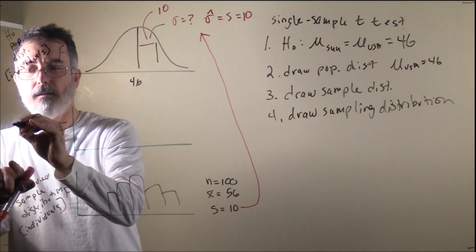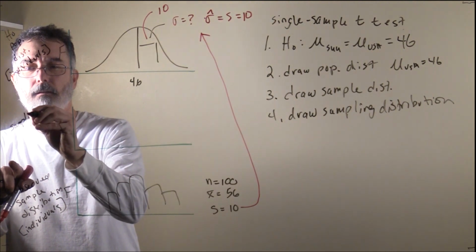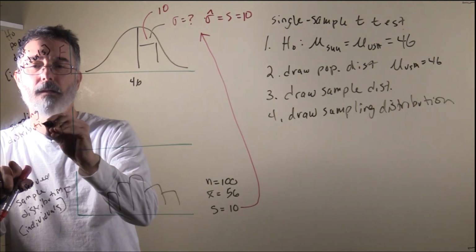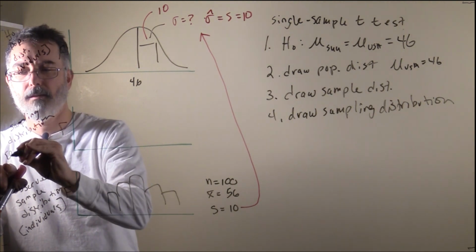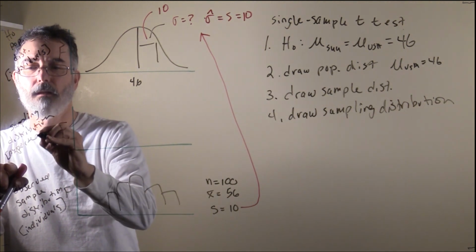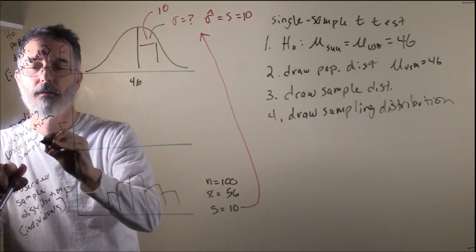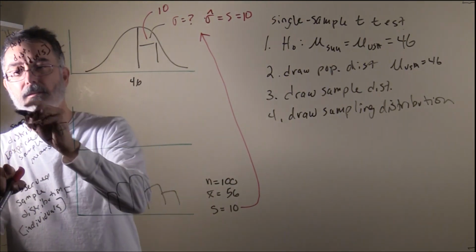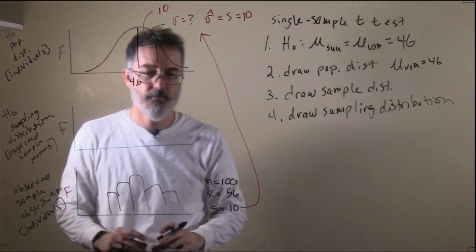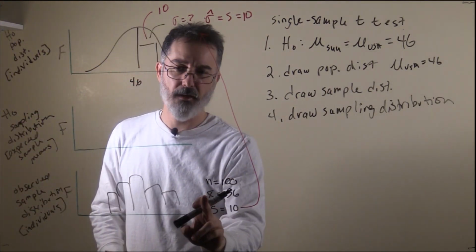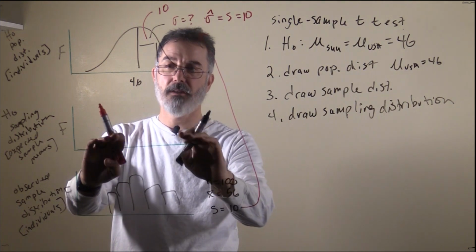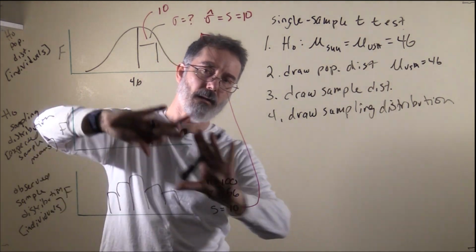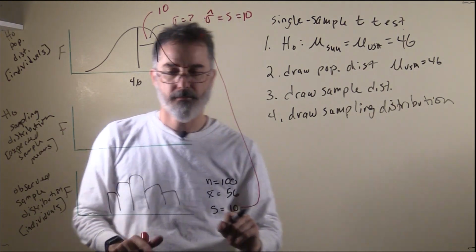This is our sampling distribution, and these are the expected sample means due to random sampling from this population, if the null hypothesis is true. So again, we're hoping to find that our sample mean is the kind of sample mean you don't expect from this population due to random sampling. We're hoping it's so unlikely that we'll reject the null hypothesis.